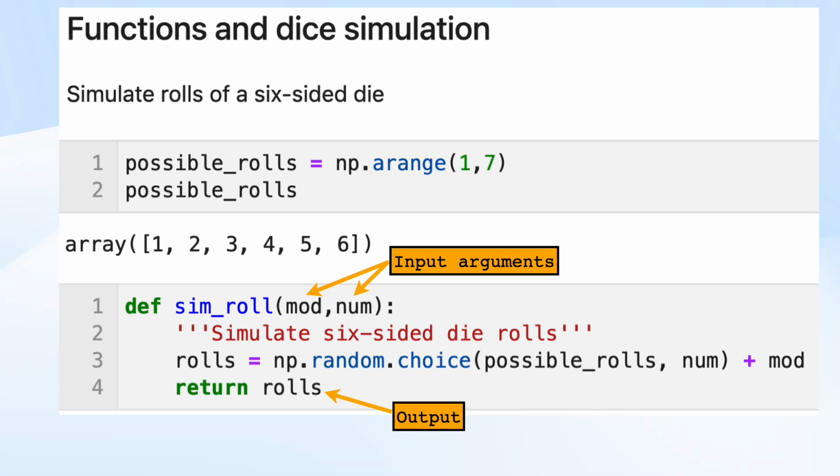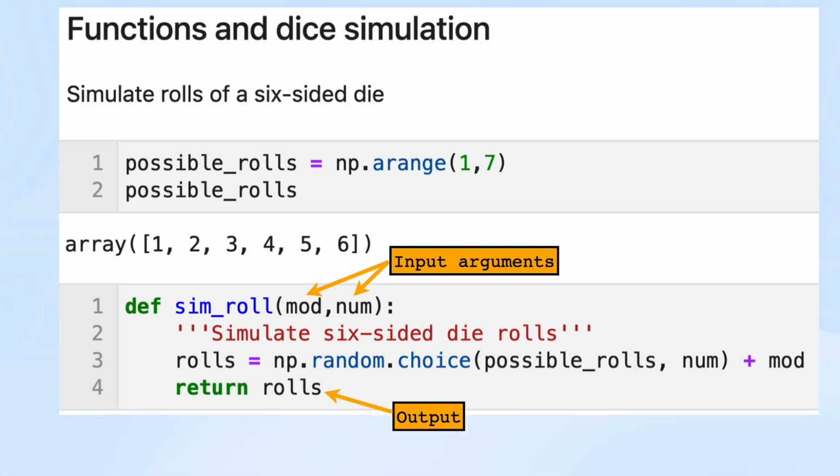In numpy.random.choice, we have a second optional argument, which is the number of elements of the resulting numpy array that we want to produce. That is controlled by the input argument num. Notice the num is the same argument shown as an input argument to sim_roll.